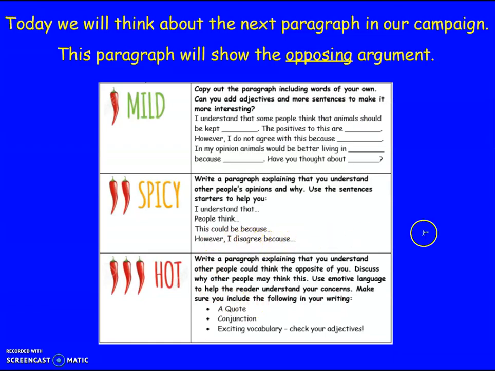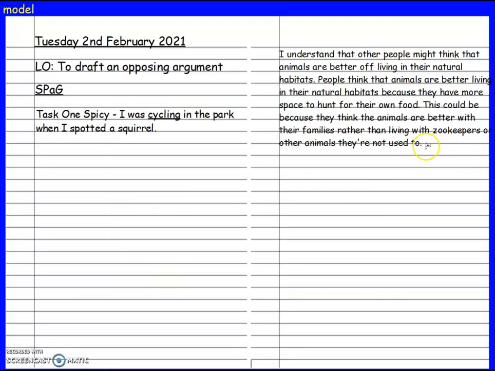However, I disagree because. So this is the part where you put your argument across again. So if you remember back to your plan, there was a box for writing your argument with the positives and negatives, a box for writing the opposing argument with the positives and negatives, and then another box going back to what you were originally saying.